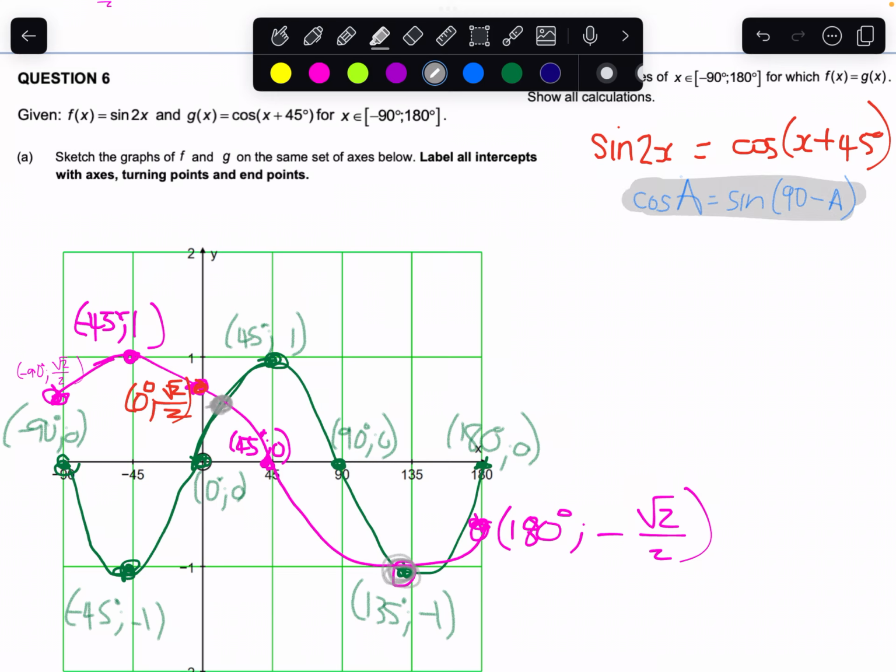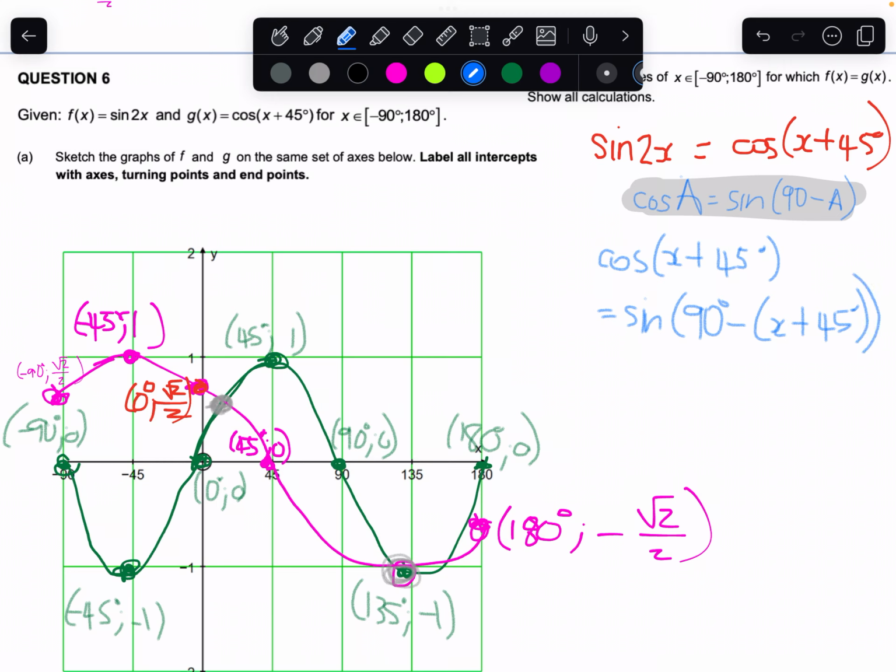Using that result, we can say that cos of x plus 45 is the same as sine of 90 minus that angle, x plus 45.